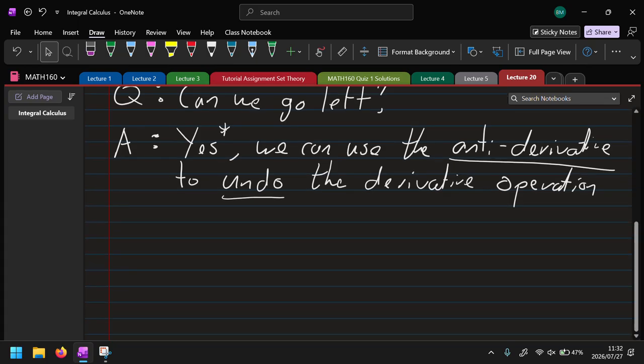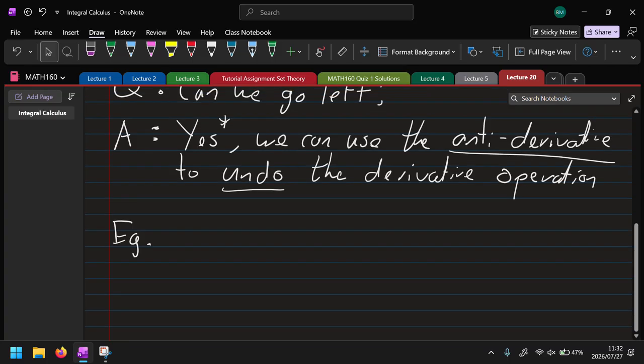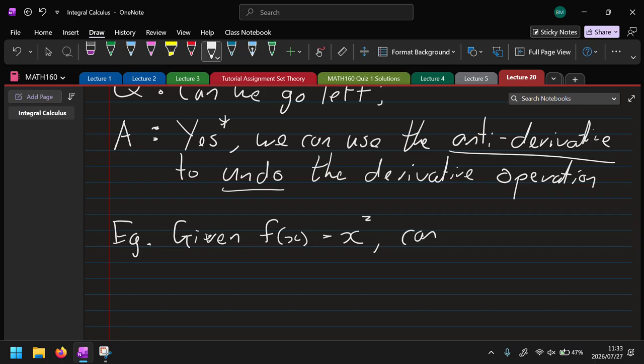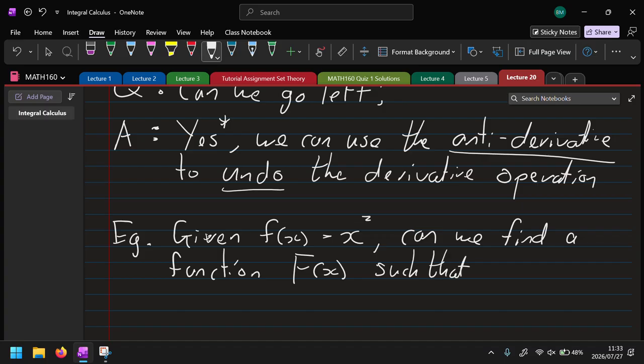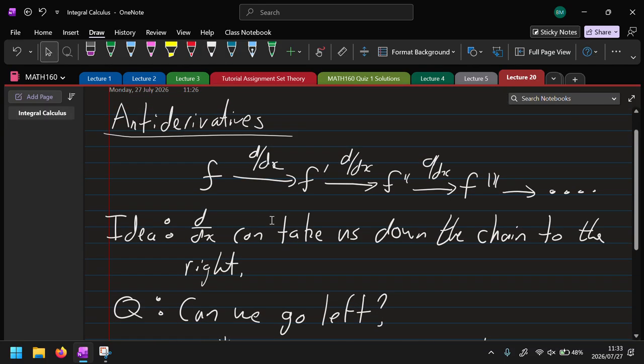Let's start off with a very simple example just to get the idea, and then we'll look at the more general cases. Given f of x equals x squared, can we find a function capital F of x such that, and now we want to go left.